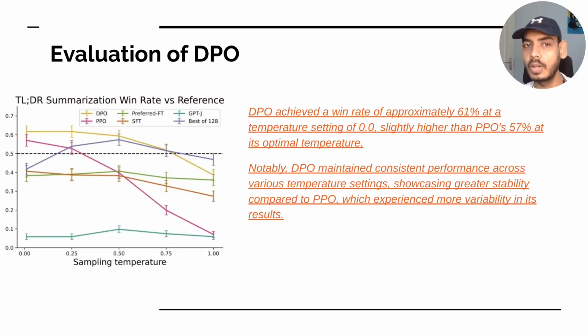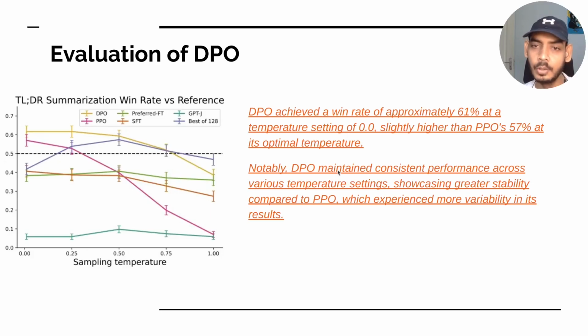So what has happened once this is done? What is the performance or evaluation strategy? What was seen is that DPO achieved a winning rate of around 61% at a temperature setting of 0.0, slightly higher than PPO, the proximal policy optimization which we saw earlier.